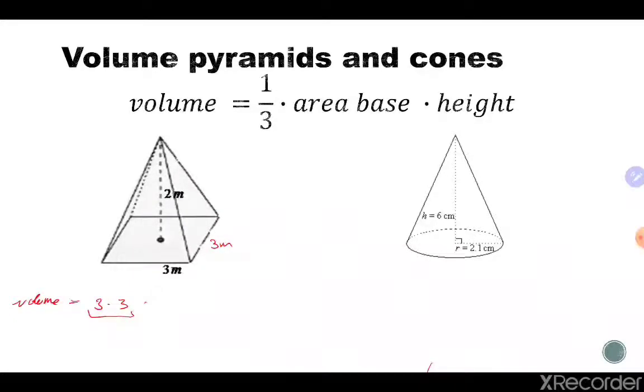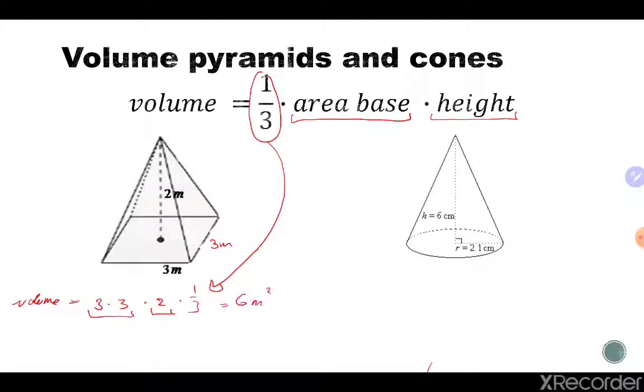The height is 2 meters. This is your height. But you still need to multiply it with 1/3. So don't forget the 1/3. This is exactly the same as the prism, area of the base times the height, but here we even need to multiply it with 1/3. Now, if I do that, it's 6 cubic meters.